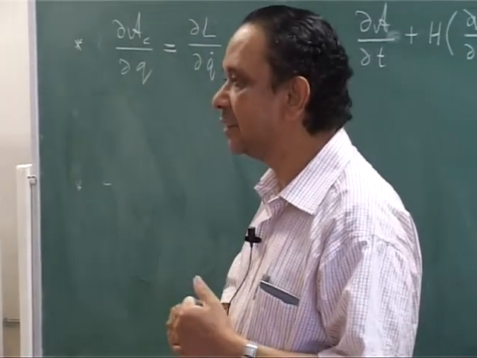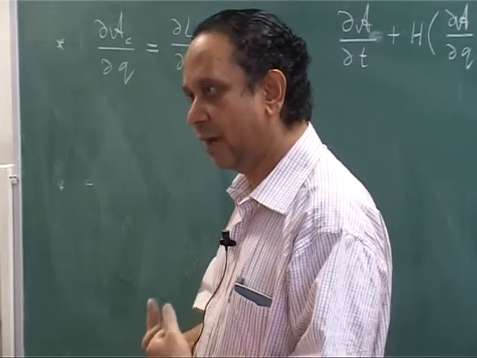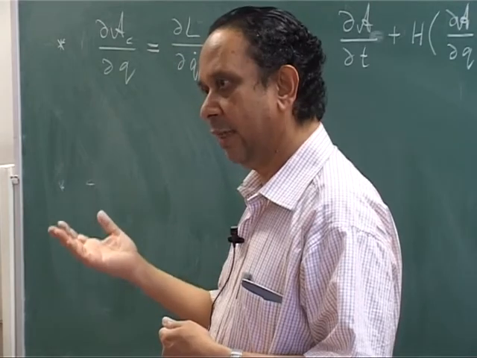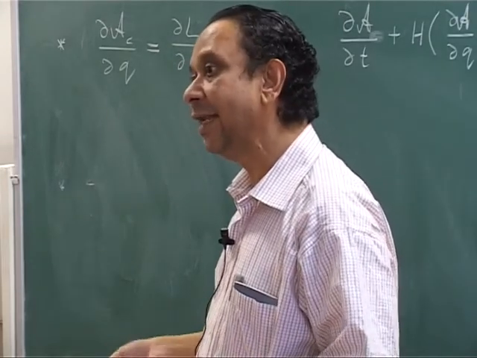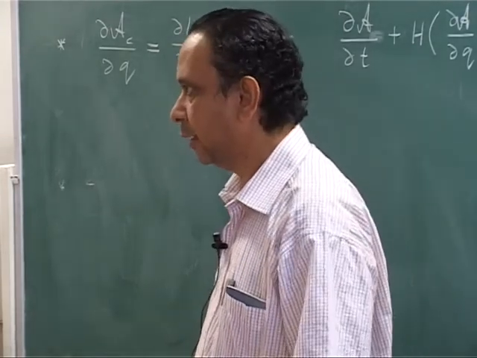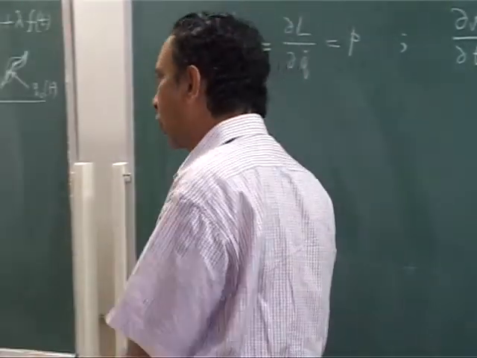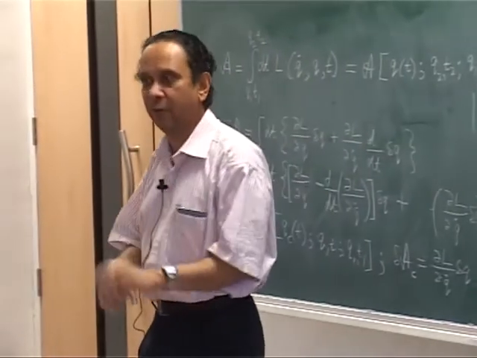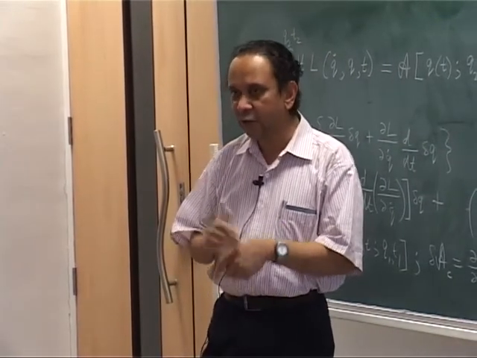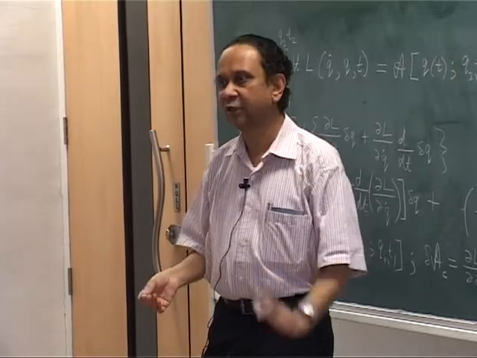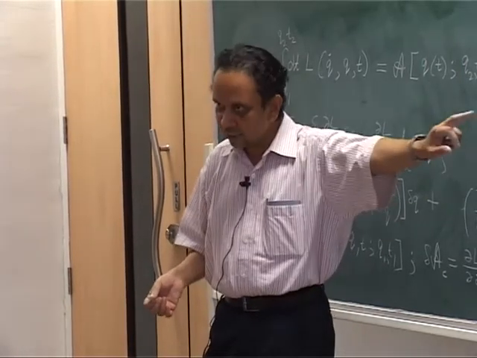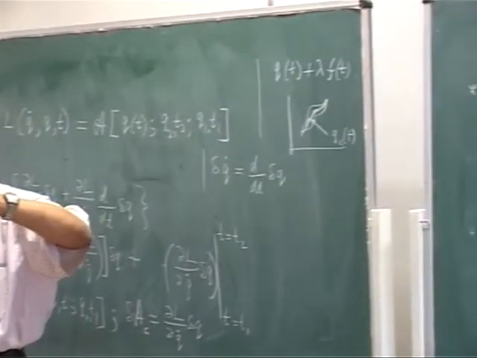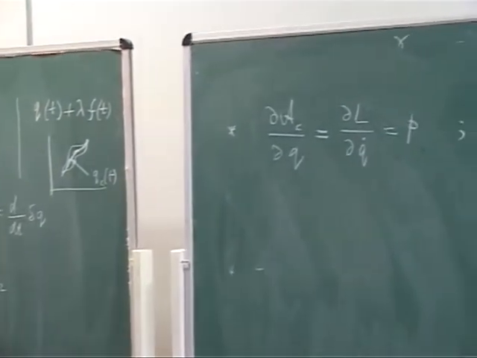Then you say, this is very good. Suppose somebody gives me a Hamiltonian, I want to make a canonical transformation to a new system where the new Hamiltonian, let us say, identically vanishes. Then it is very beautiful, because in the new coordinate system q is a linear function of time and p is a linear function of time. I have solved the problem. The trick for doing that is given by the Hamilton-Jacobi equation. If you solve this equation, what you get for A will be the generating function for a canonical transformation.